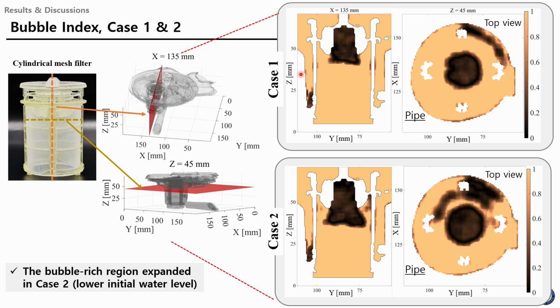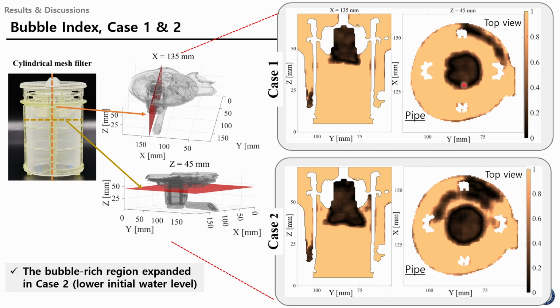Here, we show the bubble index on representative cross-sections. Among the 3 filters in the sump, the cylindrical mesh filter has a cap-like structure on top, where bubbles tend to get trapped easily.